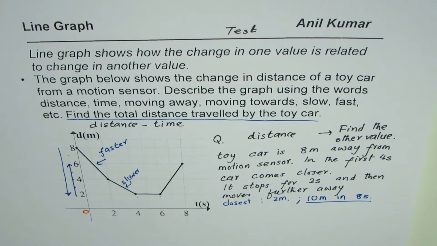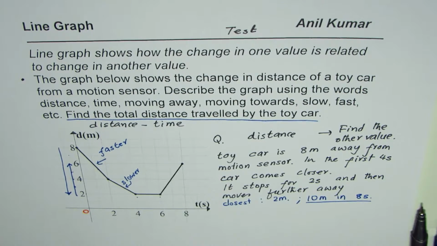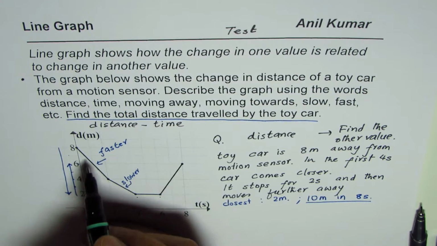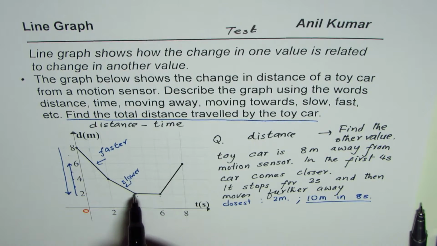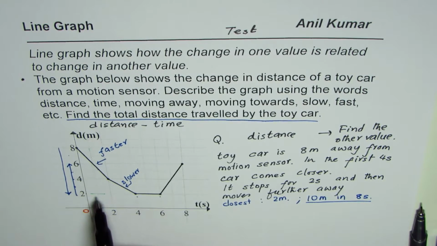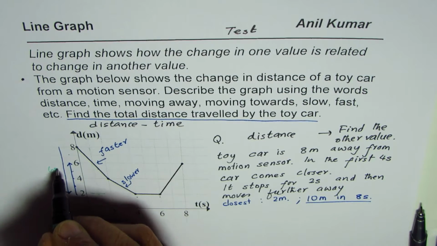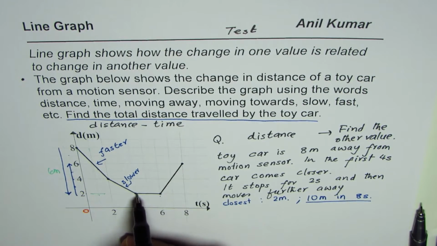Now it is very important to understand how it travels 10 meters in 8 seconds. Think like this. Let's do it once again. The toy car is 8 meters away, so it is coming closer and closer. So at this time, it is just 2 meters away. So 8 minus 2 is 6, right? So this distance traveled is 6 meters. And then from here, it just stays here.